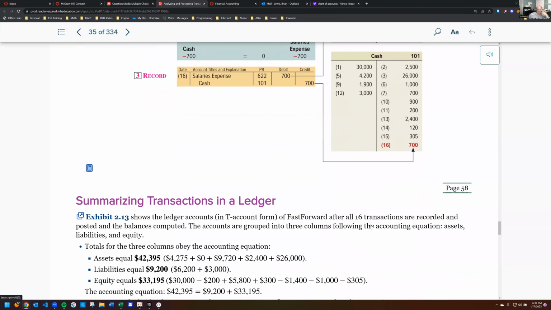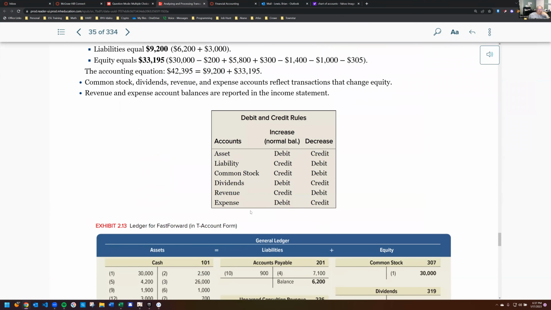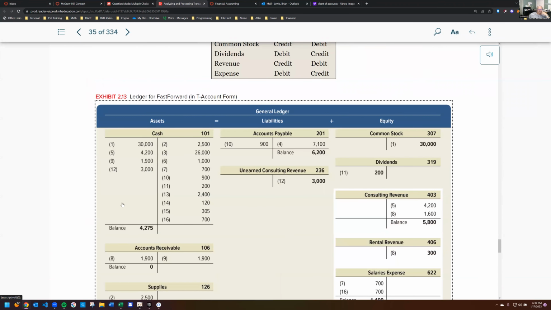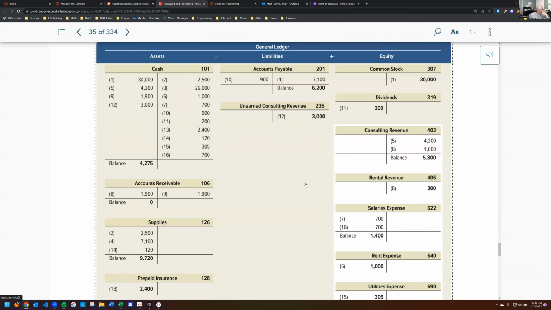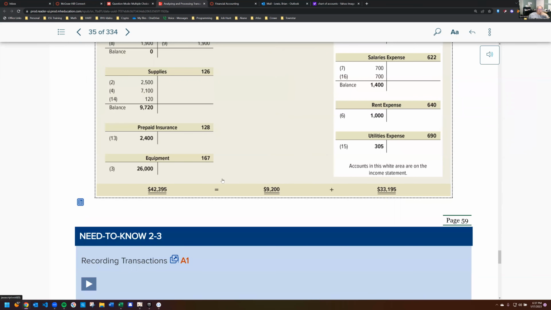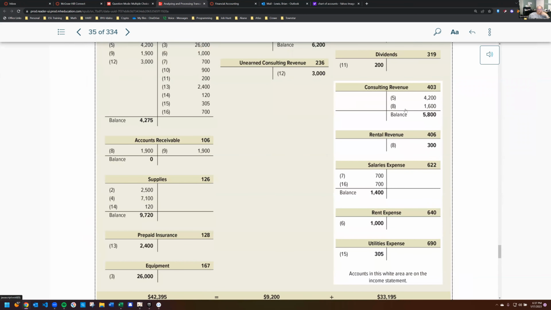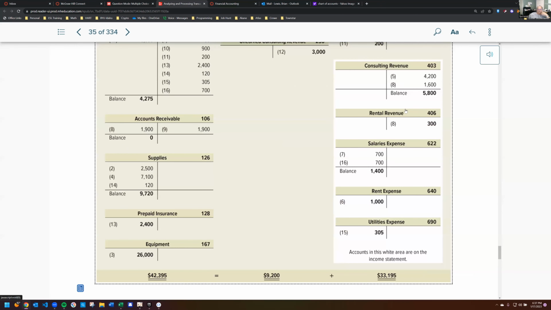Eventually, let's see if they have that in here. Then they'll summarize the transactions. You have all your accounts with the summary value. These all balance out. Now, I do see where they're putting revenue and expenses on the equity side, right? But this is a simple income statement, I guess.